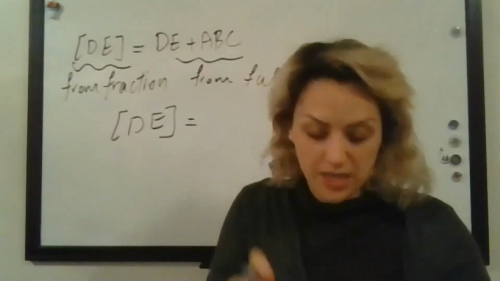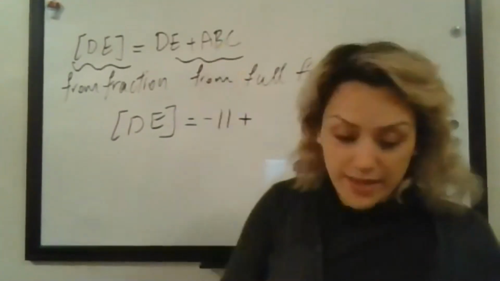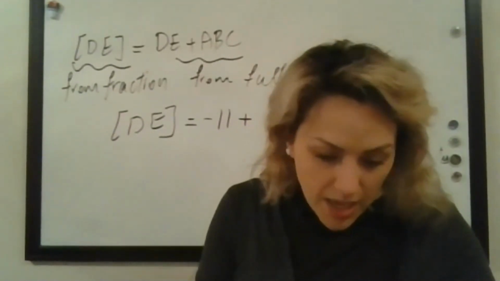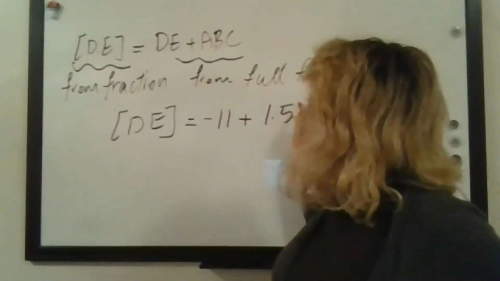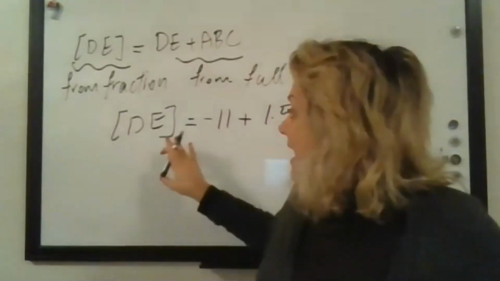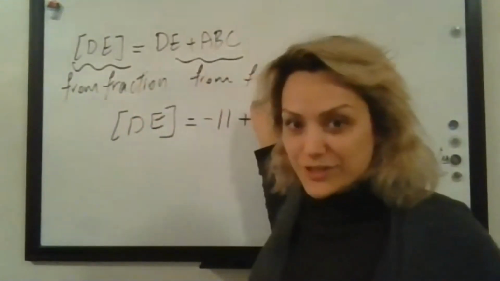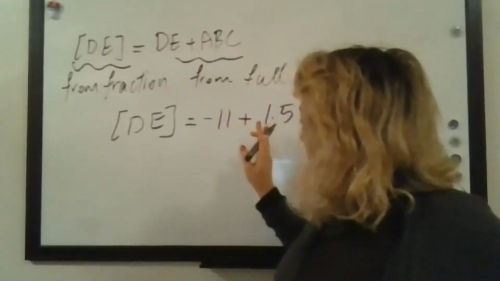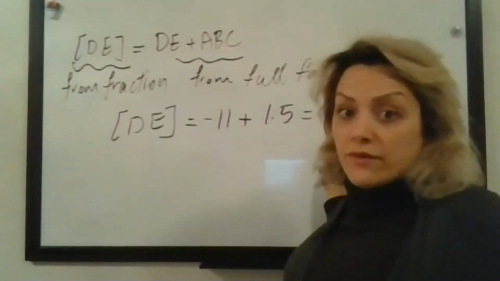It's at the bottom of slide 28, isn't it? So it's minus 11 plus ABC. When I look at it, ABC is 1.5. These two we read from the full factorial, and this one is for the half fraction that we have. So minus 11 plus 1.5 is going to be minus 9.5, right?